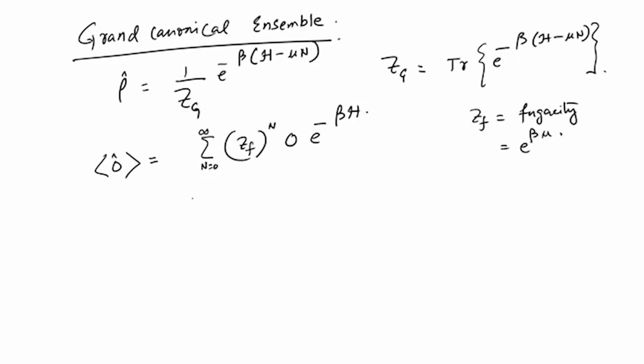And of course, we also have a denominator, which is the sum over n equal to 0 to infinity of Z F to the power n exponential minus beta H. H is the Hamiltonian of the system, and that would vary from case to case. Okay. So, this is the important part of this formalism of density matrices.